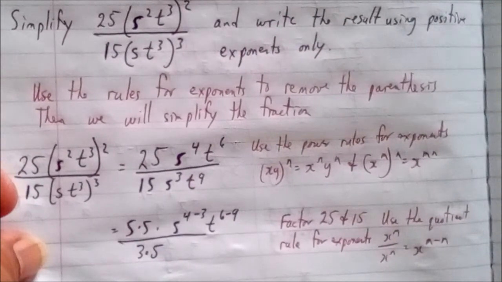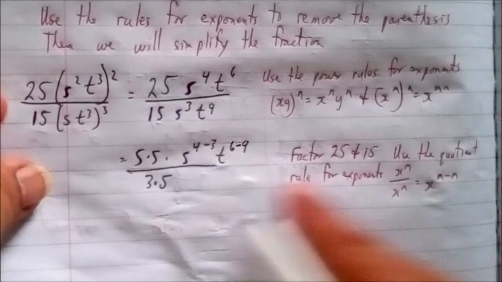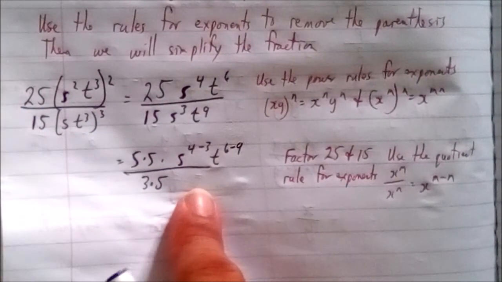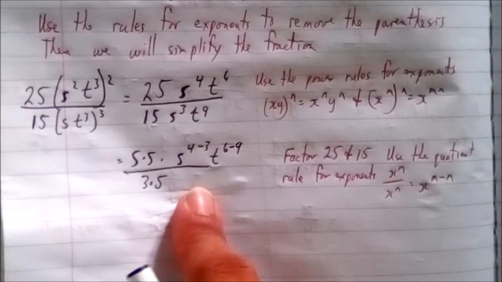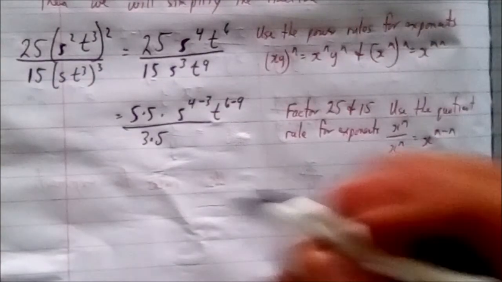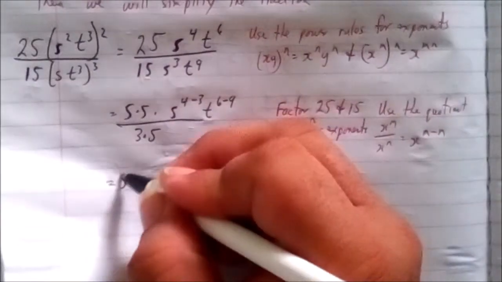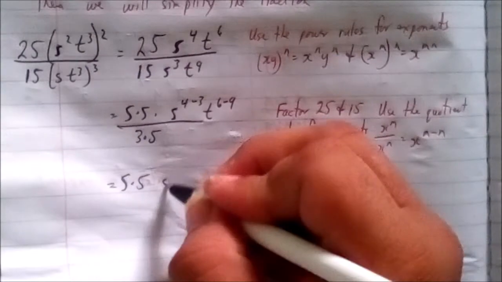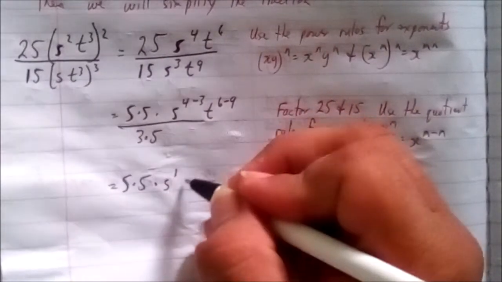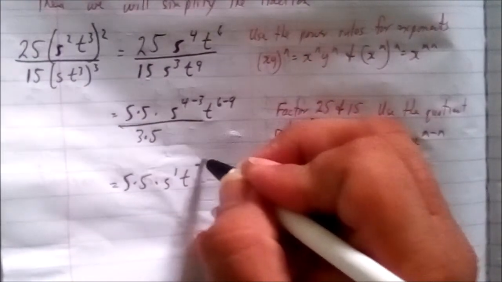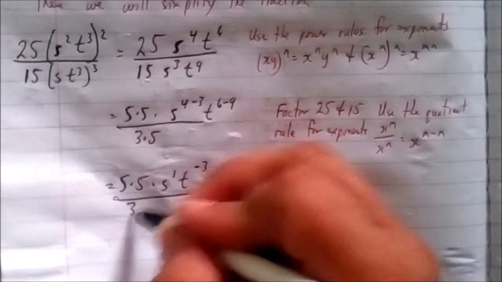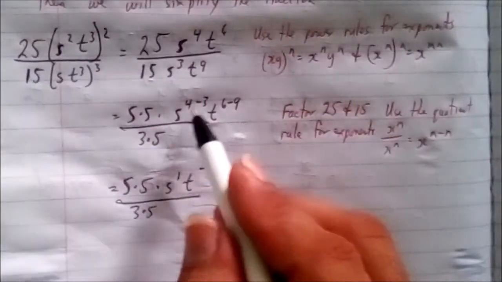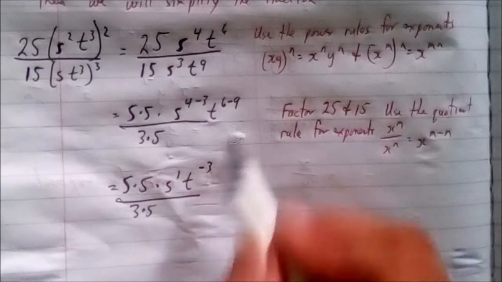So now I will rewrite this same step here over again, and then we're gonna see what then happens. So let me go down there and I put 5 times 5 times s to the first t to the negative 3 over 3 times 5, because that could have worked out: 4 minus 3, 1. 6 minus 9, negative 3.